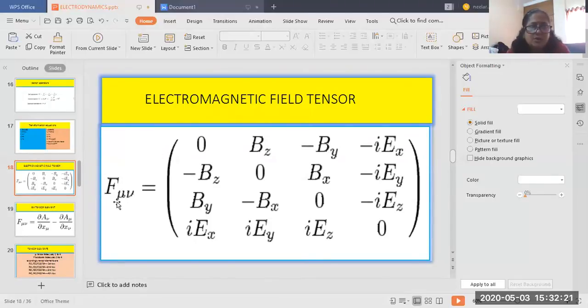Okay, so the advantage of these 4-vectors is that they can be shown as matrix elements. Matrix operation is very easy, so you can very easily verify Maxwell's different laws. So here you see B and E are there. Okay.